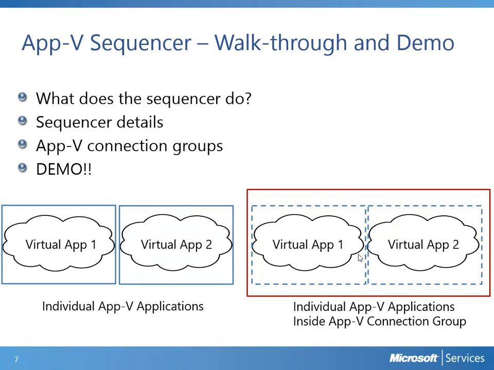In AppV 5.0, we introduced the concept of connection groups. So what you can do is, for sure, sequence these apps separately, Live Writer and the Polaroid plugin, and then through AppV, you can create kind of a bubble, or I'm sorry, a connection group, and I represent that with the red box, that allows these two apps to communicate, right?